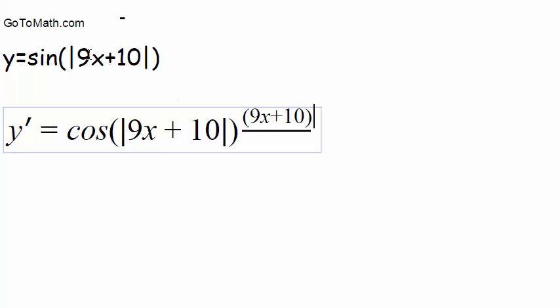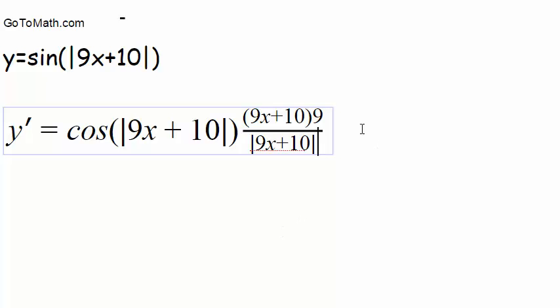And then next to that, we're going to write the derivative of 9x plus 10, and the derivative of 9x is 9, and of course derivative of 10 is 0, so we're just left with that. And then in the denominator, we just write the entire function, and so that's inside of sine here, and that's going to be just 9x plus 10.